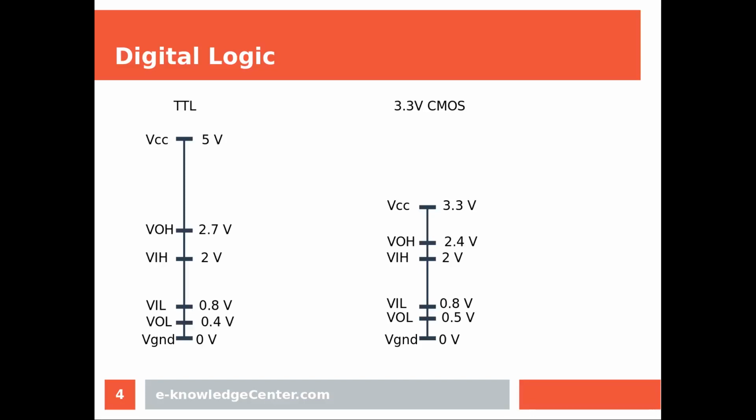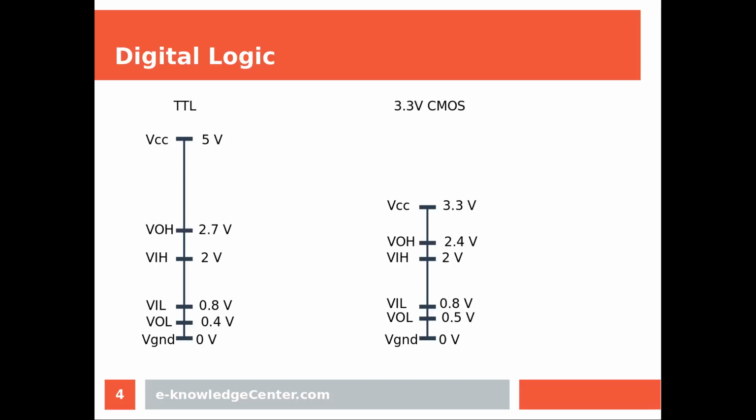One of the common questions when people discuss these two technologies is whether a device with one of these technologies can communicate with a device with the other. So let's assume that our transmitter is TTL and the receiver is CMOS.